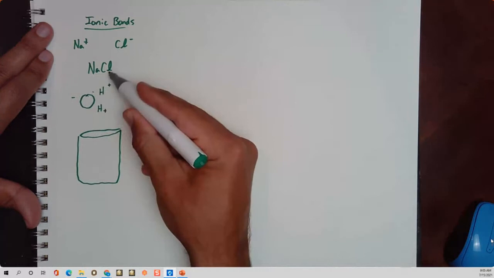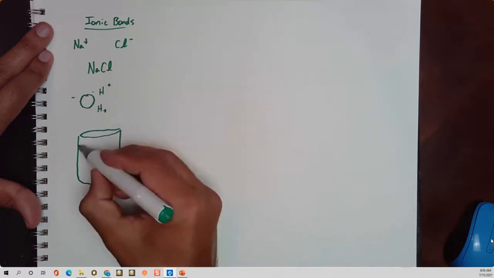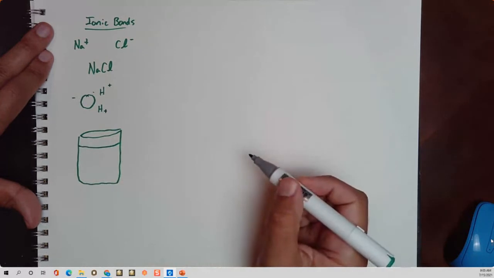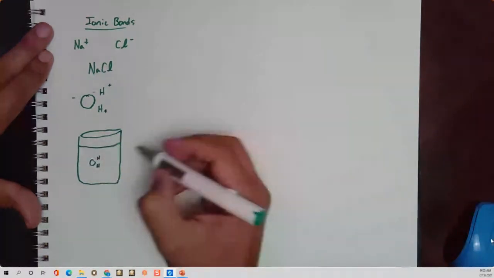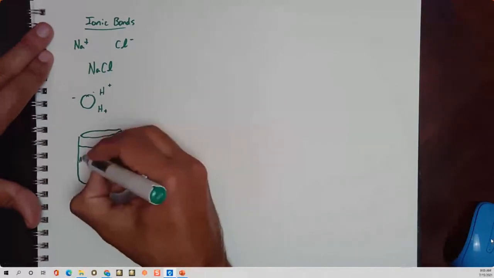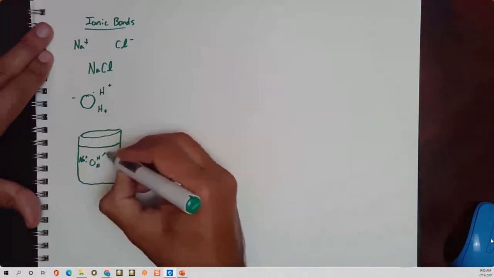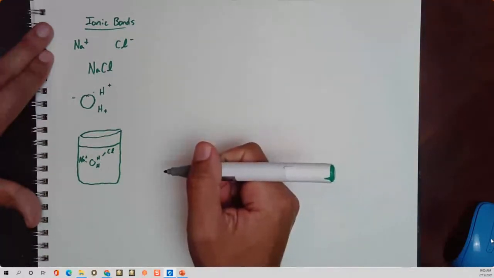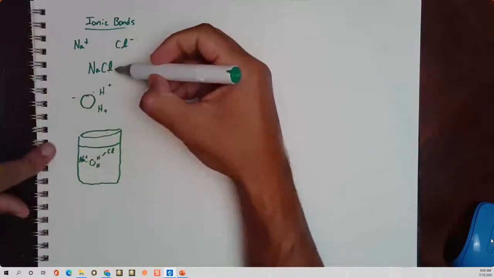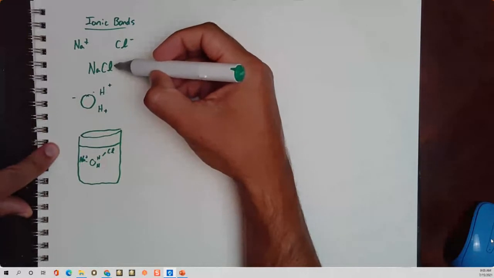So now when I take sodium chloride, salt, and I put it into water, the sodium is going to be attracted to the oxygen side, and the chloride gets attracted to that hydrogen side. It rips this salt particle apart.